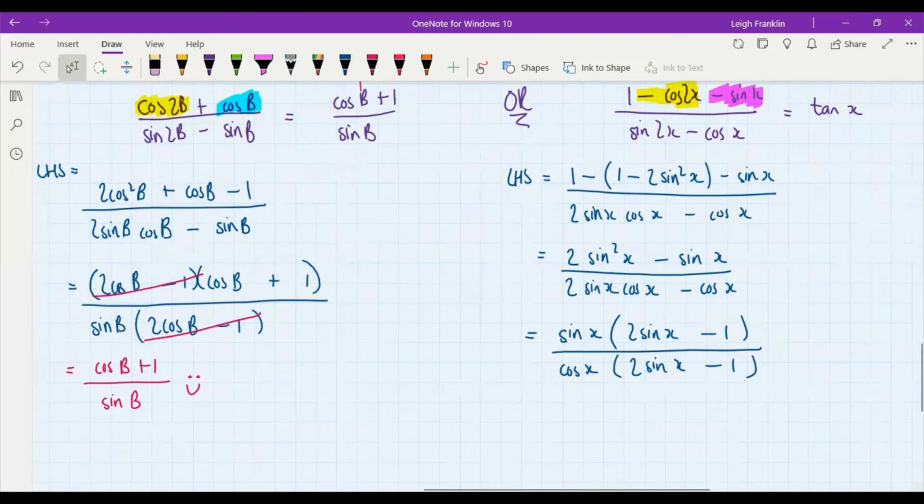Lovely. All our pluses and minuses are inside brackets. We have factorized. So now it's okay for us to cancel a bracket at the top with a bracket at the bottom. And look how beautifully this all works out for us. We end up with sine x over cos x. And that's equal to tan x, our right-hand side.